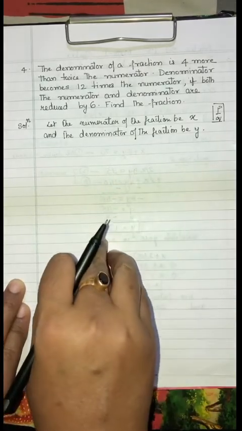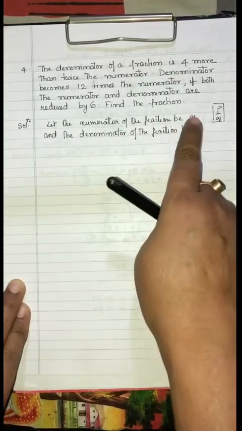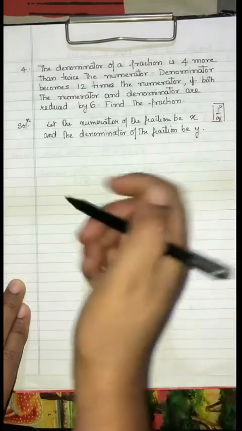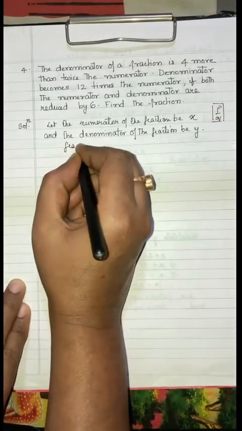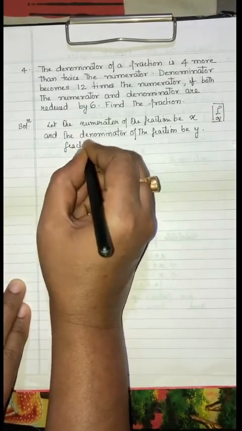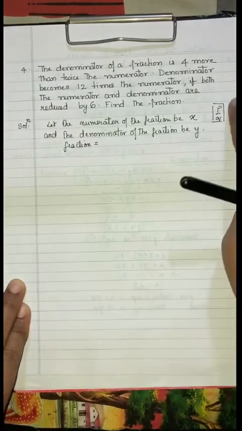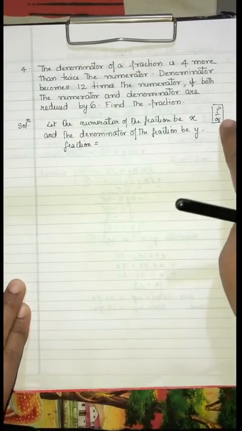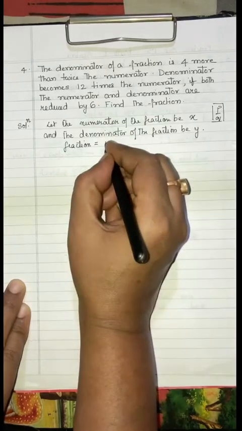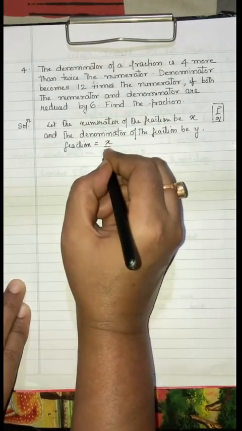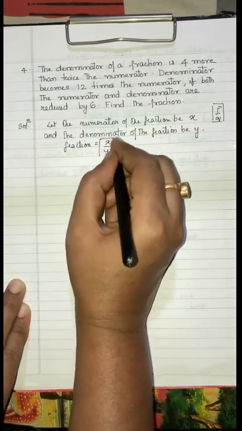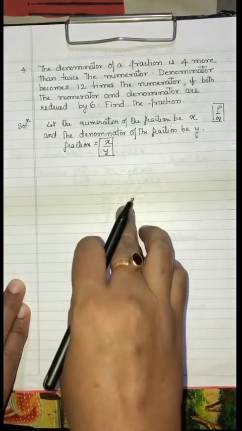Now, if the numerator is x and the denominator is y, then how will you write the fraction, children? The fraction is written in the manner of numerator upon the denominator. So, numerator x upon denominator y. You have to keep it with yourself for further use.